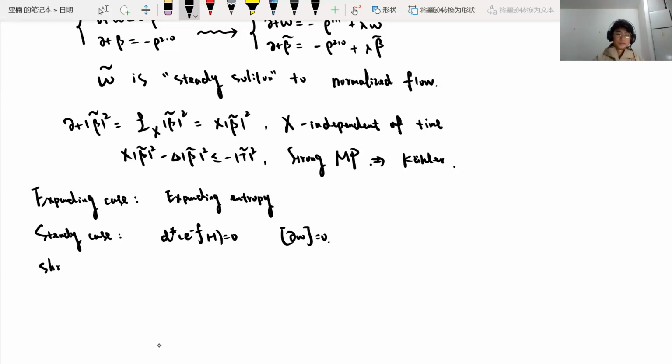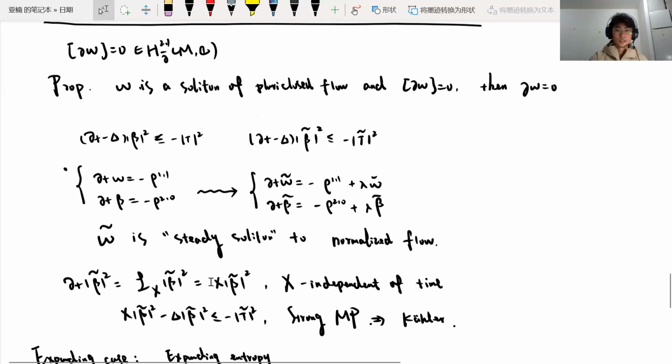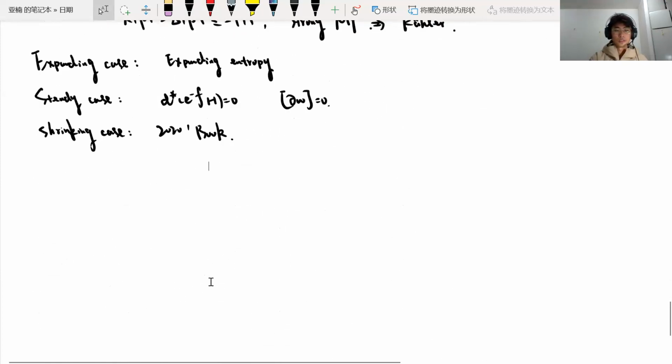And the shrinking case is more difficult, but from the book we mentioned above, we know in this case we can find the potential function. So we have the shrinker entropy now, and in this case it is monotonic. So under this assumption, the shrinking solution is also Kähler. Here we just give another proof of this.